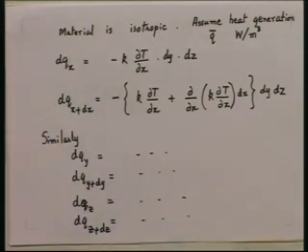In the same way, these expressions can be written down using Fourier's law of heat conduction. So, now we have expressions for the rate at which heat is being conducted into this element in the positive x direction, the positive y direction, the positive z direction, and the rate at which heat is being conducted out of this element also in the positive x direction, y direction and the z direction. So, we ask ourselves the question, what is the net rate at which heat is being conducted into the element?